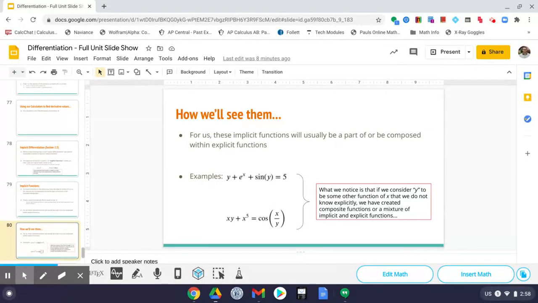So in both examples, y is no longer just the label of the function. It's actually a part of the overall operation of the equation or the function itself. It's no longer just cosine of x, it's cosine of x divided by y. It's x multiplied by y. And so as soon as that happens, we know that we have an implicitly defined function and an implicitly defined equation.